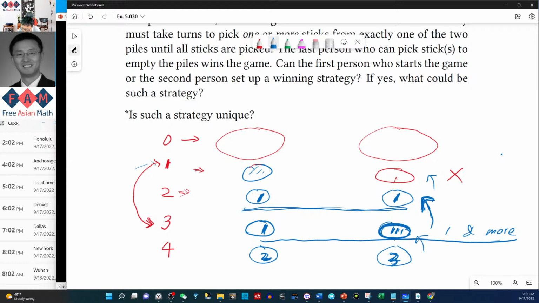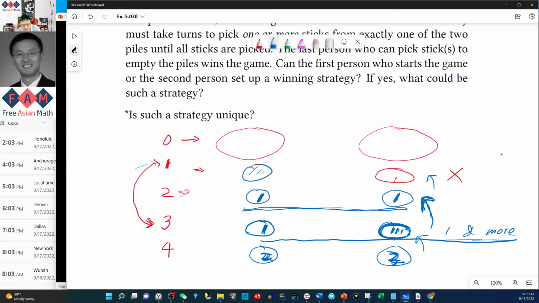So the only reason the losing guy had to leave a one more situation to the winning guy is because he has a 2-2 situation. And he has no choice but to pick at least one from them. He doesn't want to pick 2 from either, because then he will immediately lose, because he emptied one pile and the other player can immediately empty the other pile.